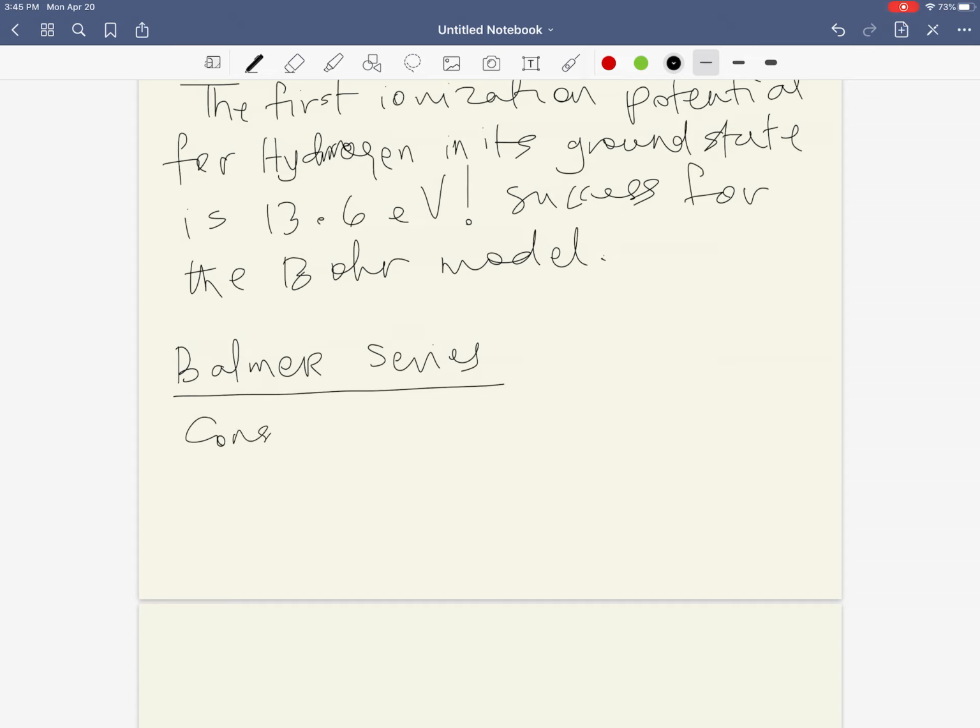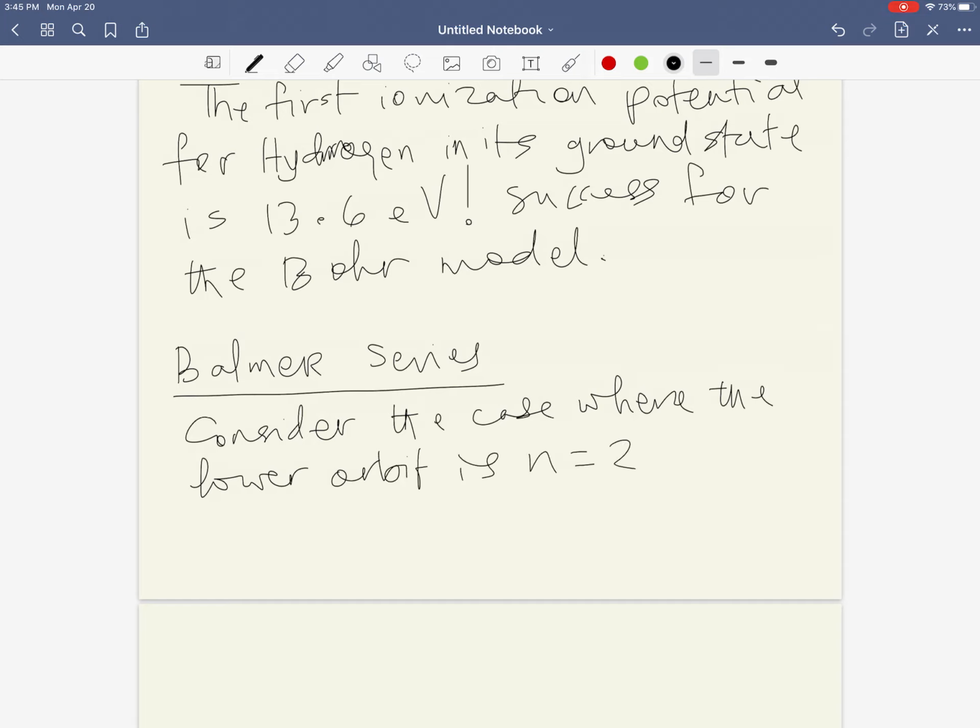So let's consider the case where the lower level is the second orbit, n equal to 2. Then our expression will read hf will be the energy of the upper level minus the energy of the second orbit.